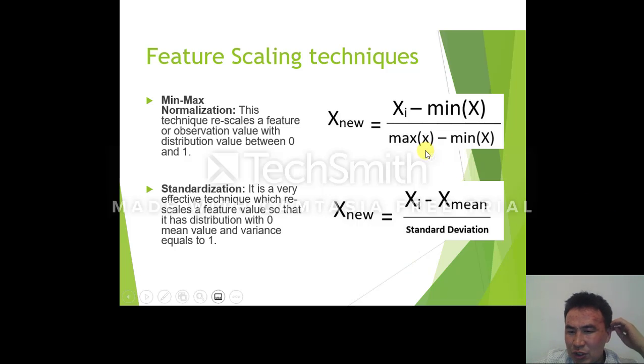In min-max normalization, we subtract the minimum from the current value and divide by the difference between the maximum and the minimum. In standardization, we take the difference between the variable and the mean, divided by the standard deviation. From the statistics course, we know standard deviation shows the disparity, how the variance is, how data is spread.